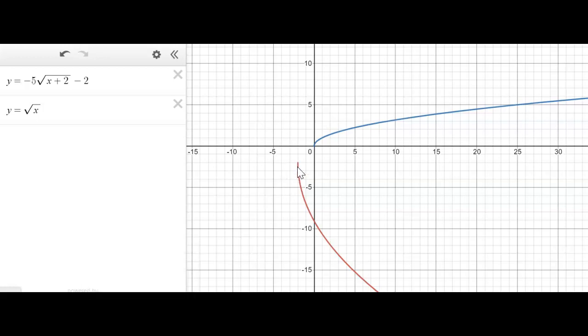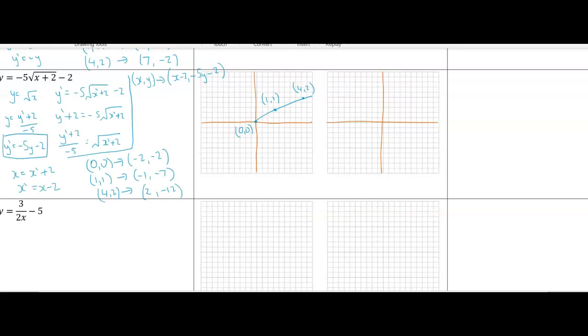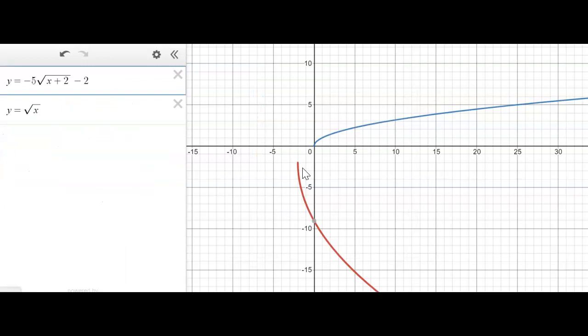Now, that should be negative 2, negative 2, that's right. So, there we go. What was the other points we had? I don't remember. Negative 1, negative 7. So negative 1, so there, negative 7.